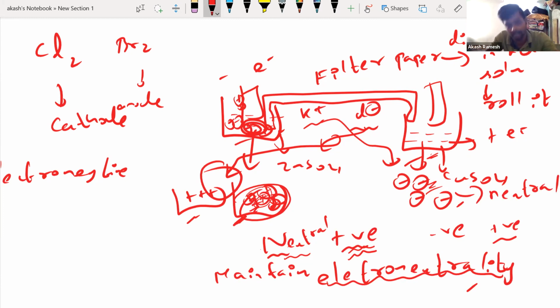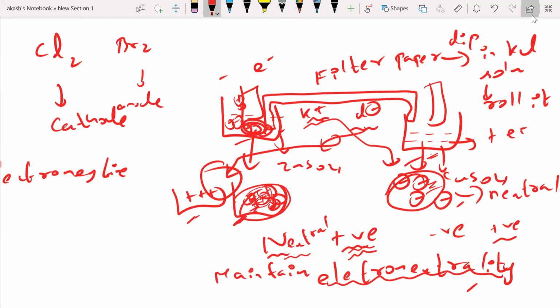If it were positive charge, yes, it would become even easier, but there is no way you will be able to form positive charge. All this K plus does is neutralize the excess negative charge that is getting formed. That's the role. All you can do is make it neutral, and by that, make it easier.